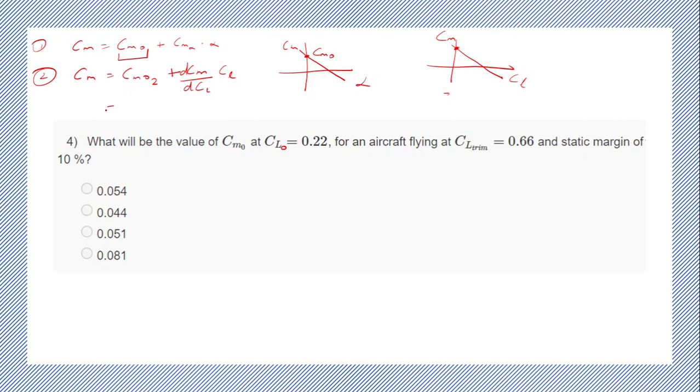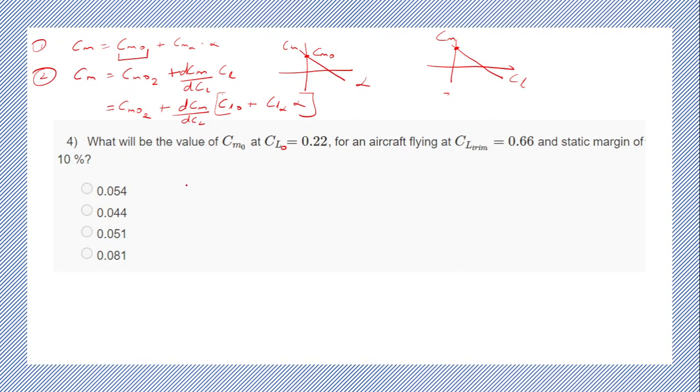Let's expand this. That will be CM naught 2 plus dCm upon dCl into CL, where CL is CL naught plus CL alpha into alpha. Correct? Just correct me if I'm going wrong anywhere.